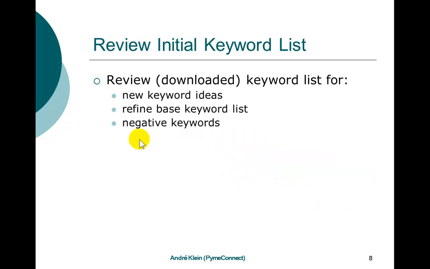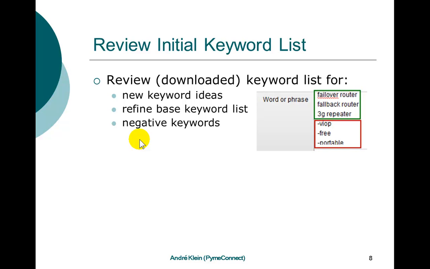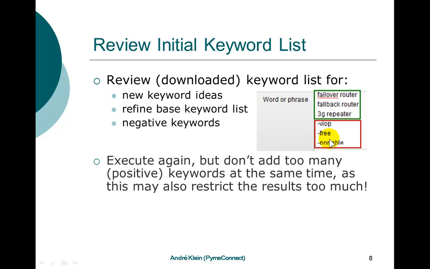So when we review the initial keyword list, what we're looking for is new keyword ideas to refine the base keywords that we already have, and especially to find more negative keywords. So when we set it up, it would look like this. In this case, I have fall over router and fallback router, and the negative keywords with a minus sign in front: VoIP and free and portable.